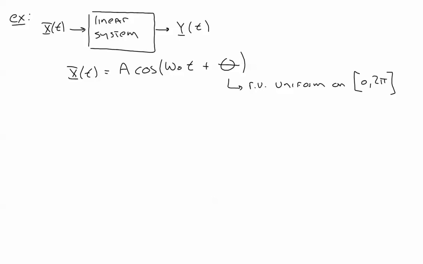When I apply a single frequency tone to the input of a linear system, the only thing I can do is change its amplitude. I can amplify it or attenuate it, all the way to 0 if I want, and I can delay the signal through my linear system. So my output random process will be some new amplitude B cosine of omega naught t plus capital theta, my random variable, plus some fixed delay.